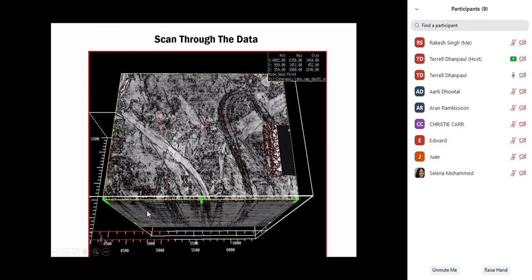Coherency is good for determining stratigraphic features and also structural features like faults and so on. So you see some possible geological feature, and then you have things like discontinuities or your faults.